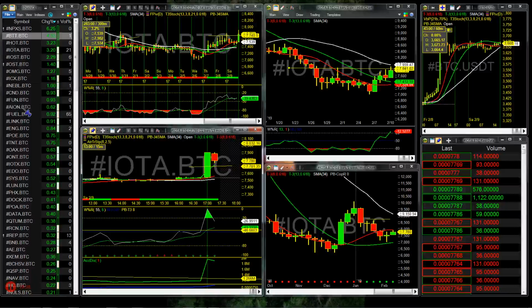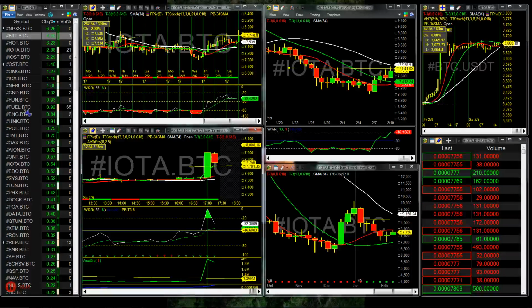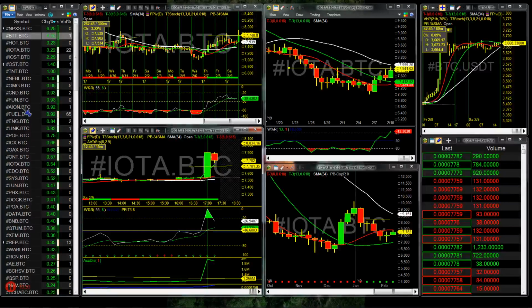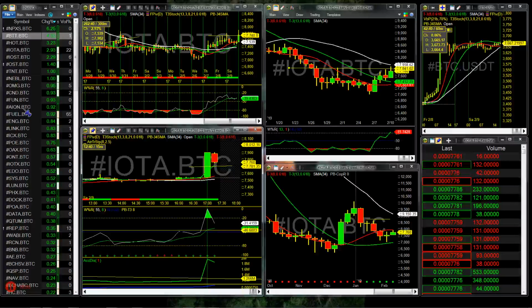A little here, a little there, all the way down. Nice pop on the open.